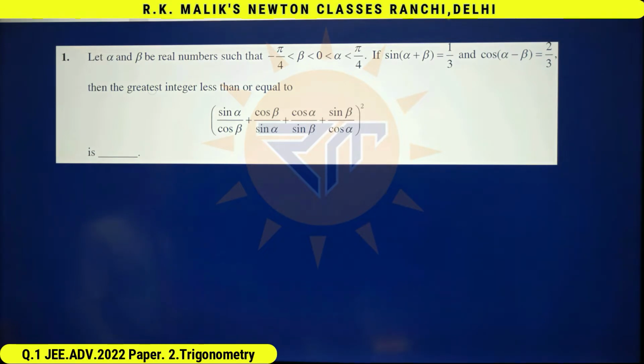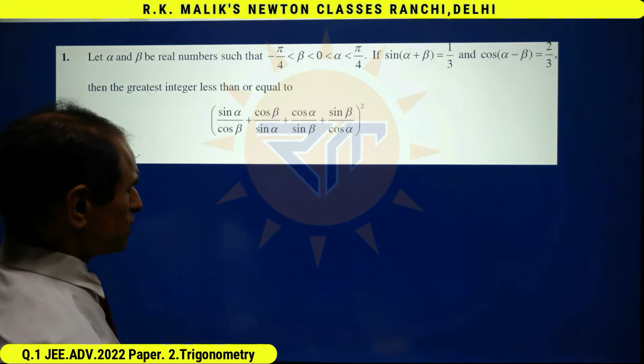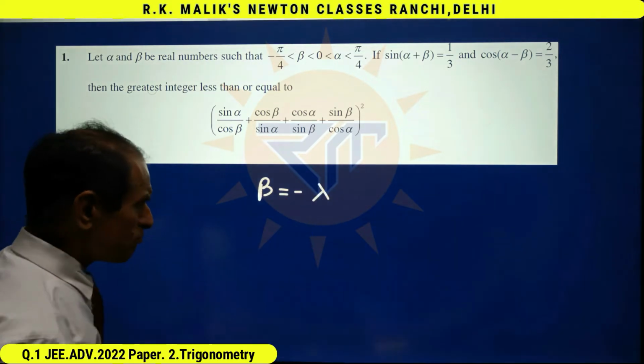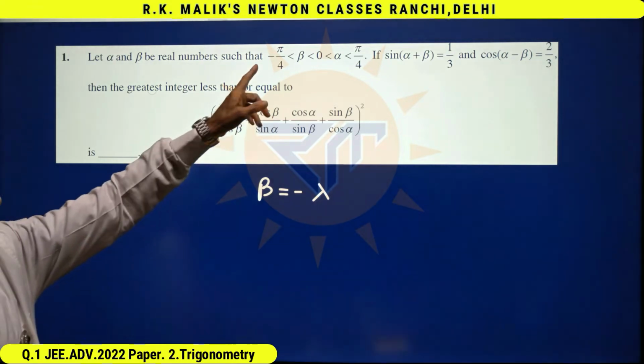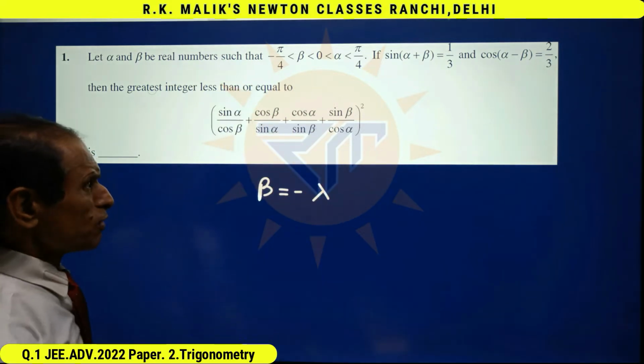The concept I'm going to say now is not very necessary here, but at many other places it may be very useful, and many times I use this concept, because it is easier to deal with positive numbers rather than negative numbers. As beta lies between minus pi by 4 and 0, I take beta equal to minus lambda, and because beta lies between minus pi by 4 and 0, lambda will lie between 0 and pi by 4.